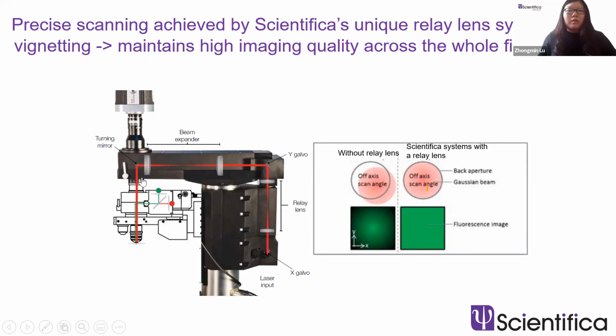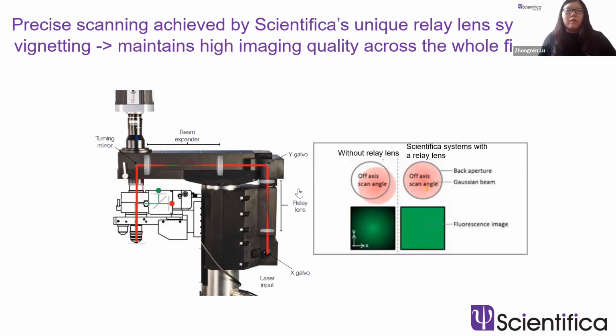This will prevent the wobbling of the expanded beam, which basically avoids the weird vignetting, and will make the system able to provide high quality imaging all the time, regardless of the scanning angle.